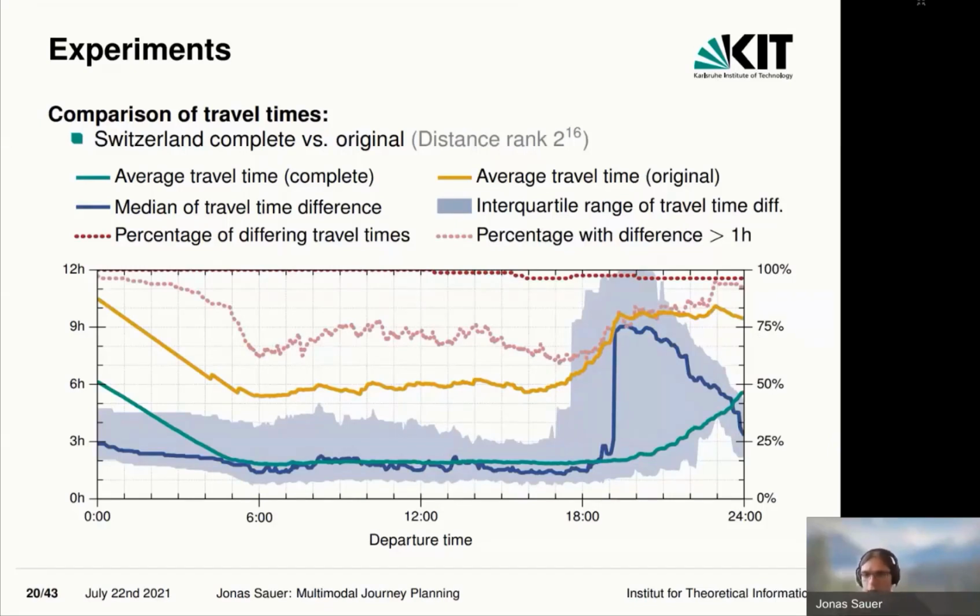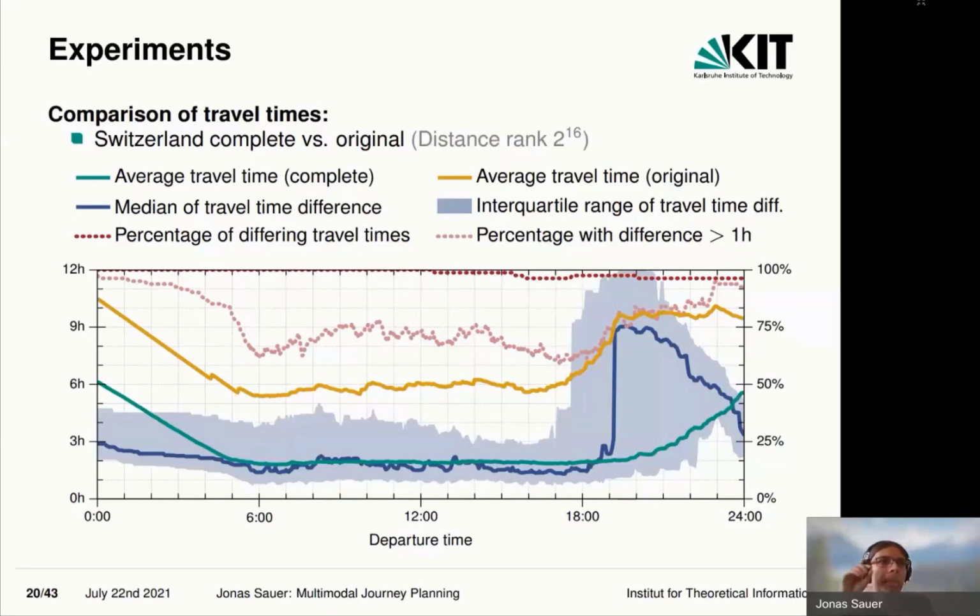I saw a question there. The question was, isn't this more of a problem with choosing completely random OD pairs instead of more reasonable combinations? Certainly. I expect that the difference will be much smaller if you choose reasonable combinations, but you have to keep in mind that what we're doing here is multimodal route planning.